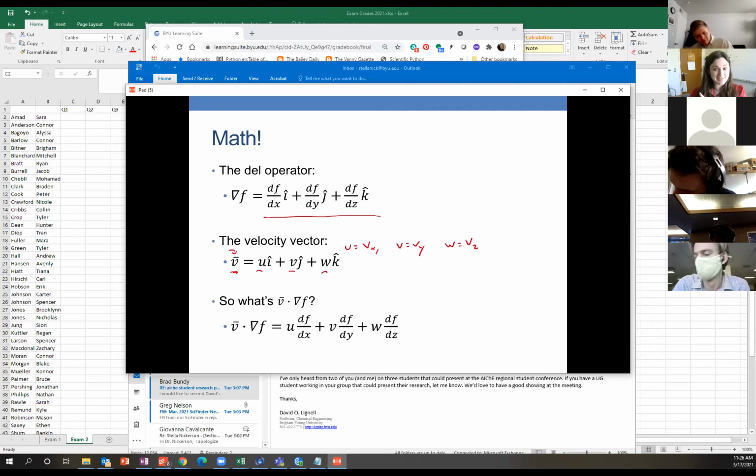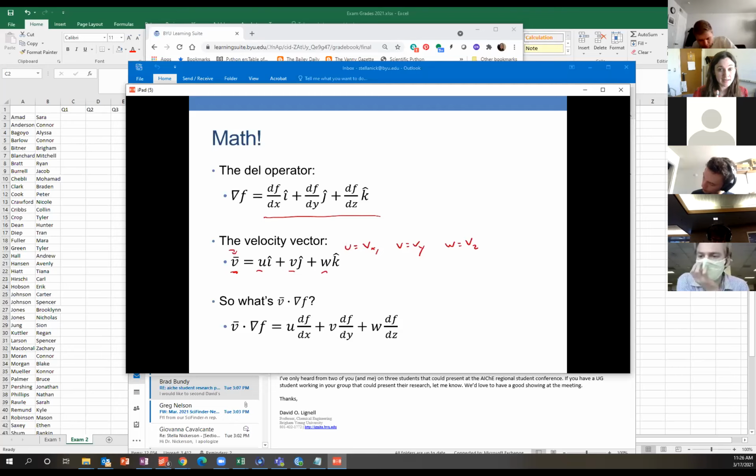Now here's one more level to the question. Will this answer be a vector or a scalar? Scalar. Yep. Okay, Connor, you know that when you dot together two vectors, you get a scalar.